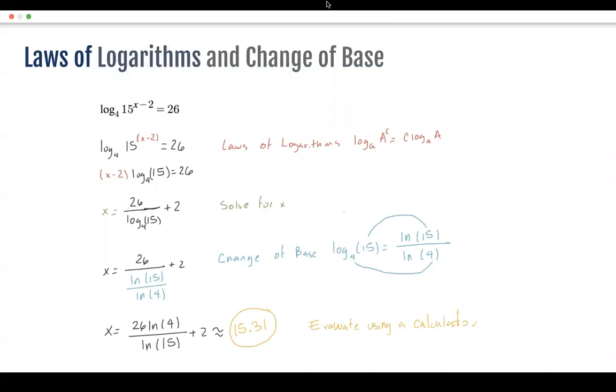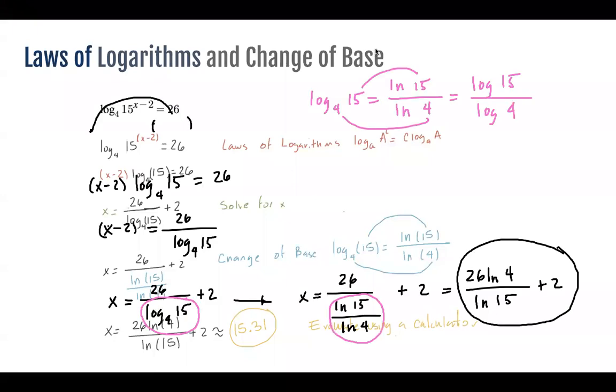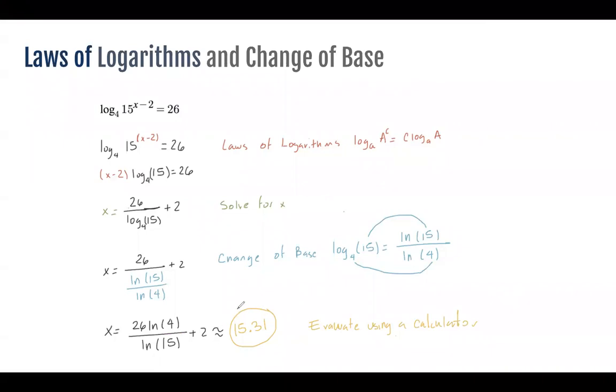So here we have it. If you notice, that's where we were: 26 times the natural logarithm of 4 divided by the natural logarithm of 15, plus 2. Once again, use laws of logarithms and bring down the exponent.